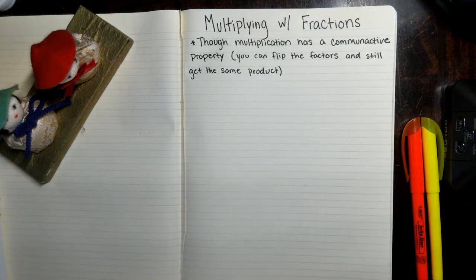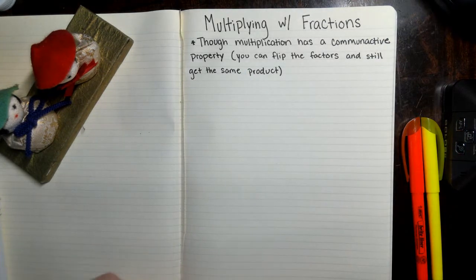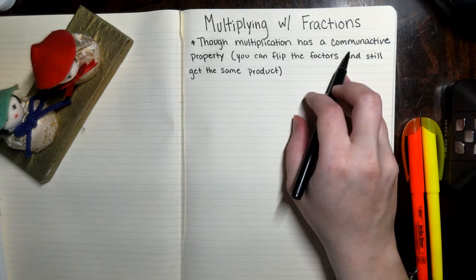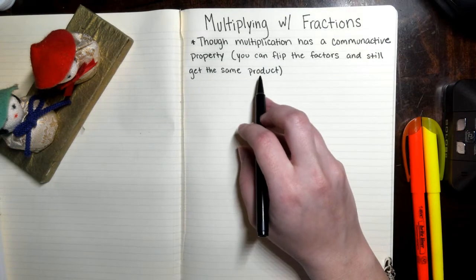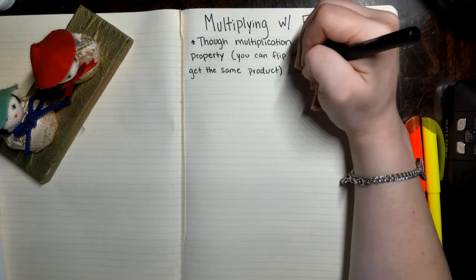So y'all know this. It's like saying 2 times 4 equals 8. Well, guess what? 4 times 2 equals 8 too. Just flipping around the factors doesn't actually change the answer, the product. So though multiplication has a commutative property, you can flip the factors and still get the same product.